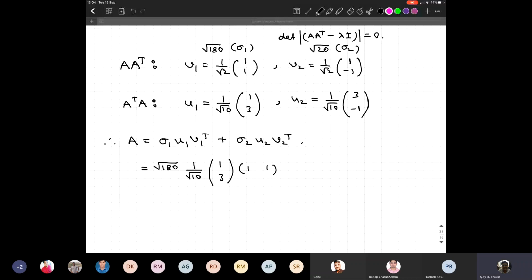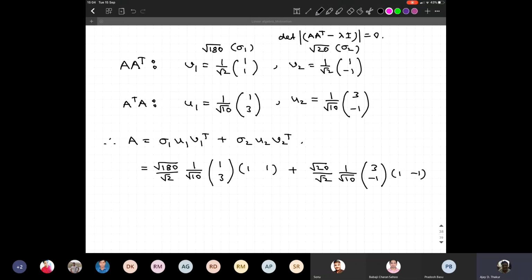Similarly, you will add another term, which is root over 20, with 1 over root 2, 1 over root 10, times (3, minus 1) and (1, minus 1).